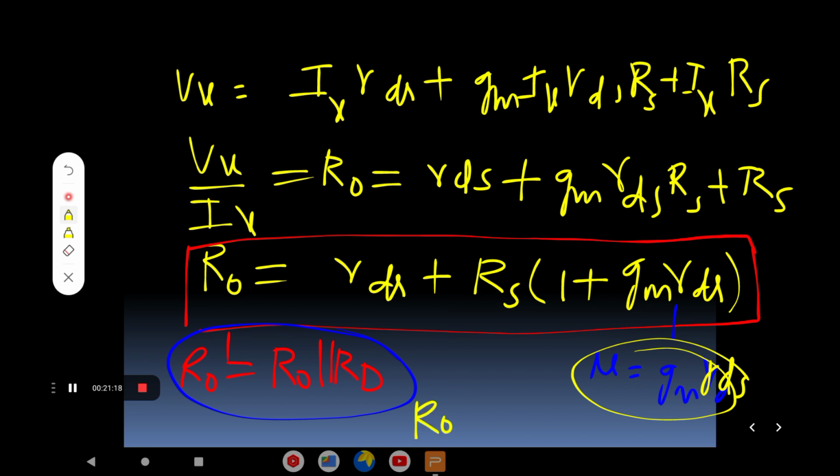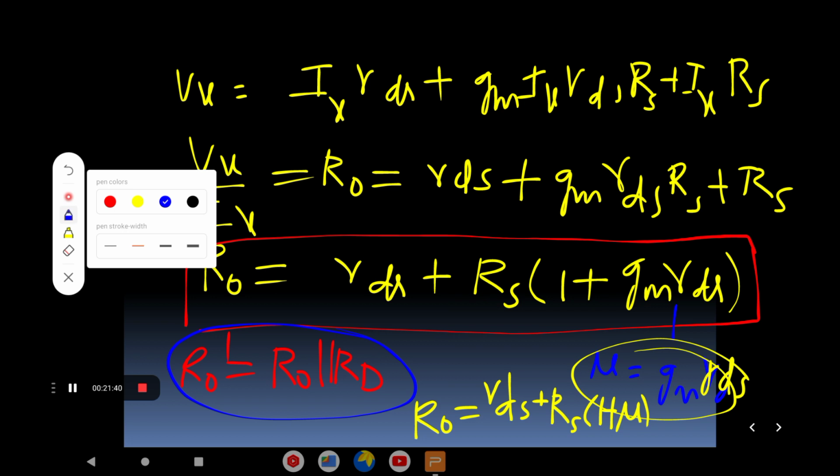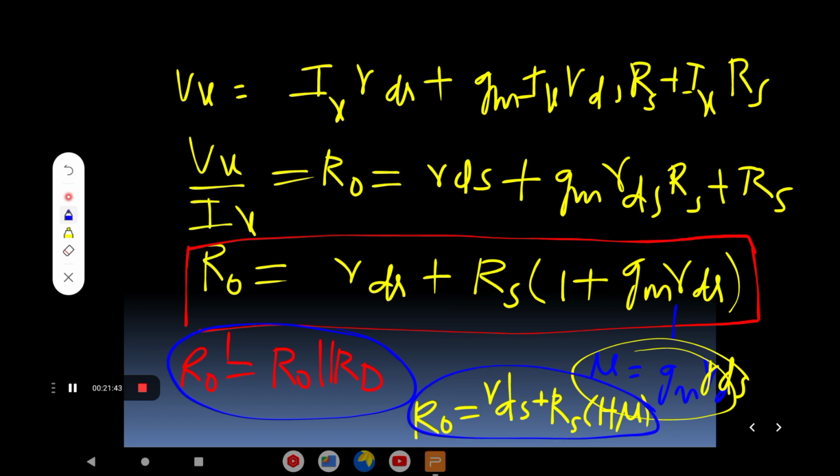Therefore, R naught is equal to RDS plus RS into 1 plus mu. So this is the formula for calculation of the output resistance R naught, where mu is nothing but the amplification factor.